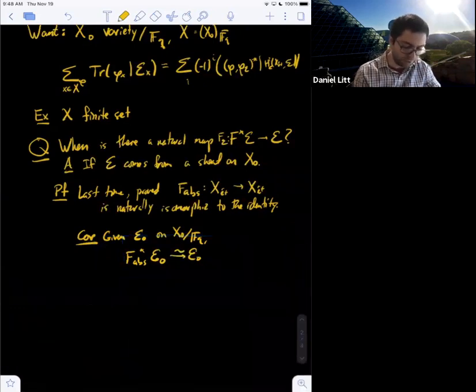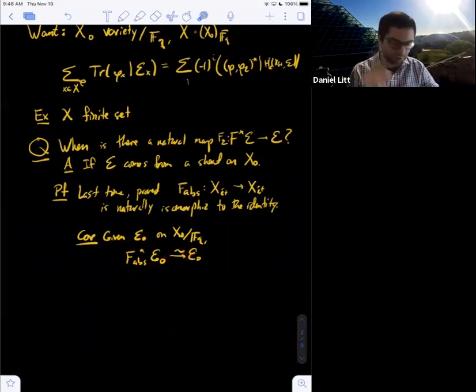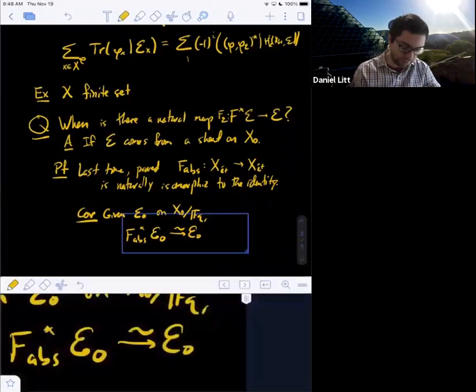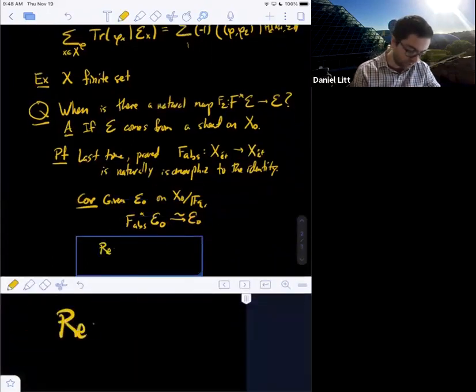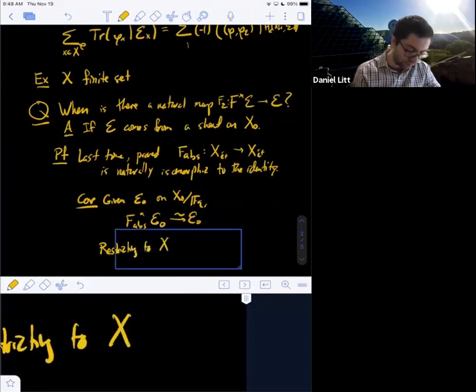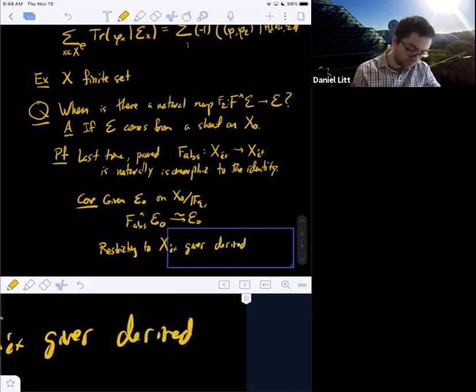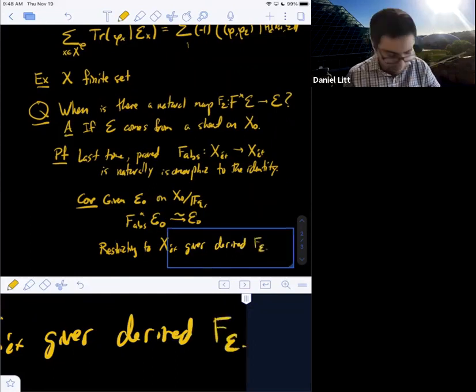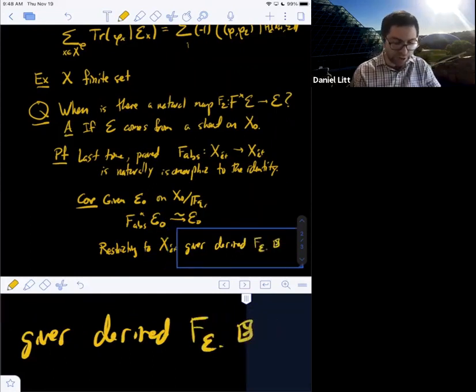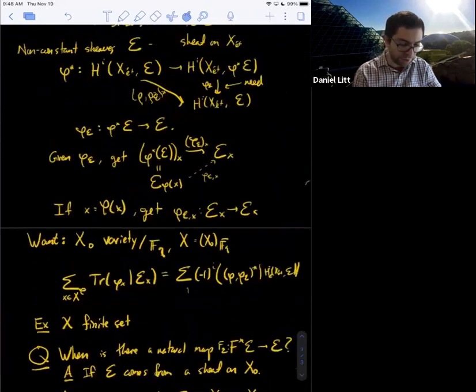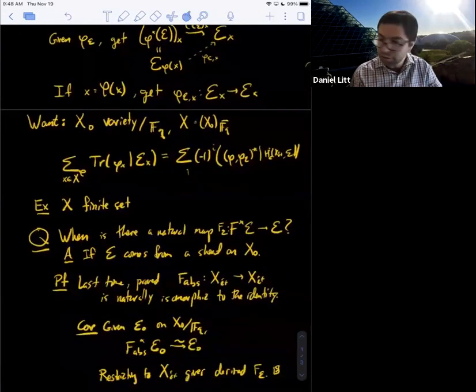It's just because this functor here is naturally isomorphic to the identity functor, and that natural isomorphism is this isomorphism. Okay, and then restricting to X étale gives the desired F_E. Okay, so that's the proof. So we now actually have what we needed here to make sense of a statement like this. We have this phi sub E. All right. Are there any questions about this?